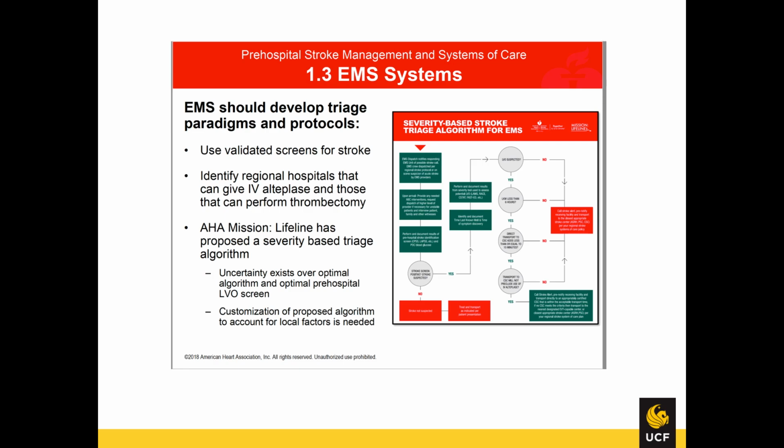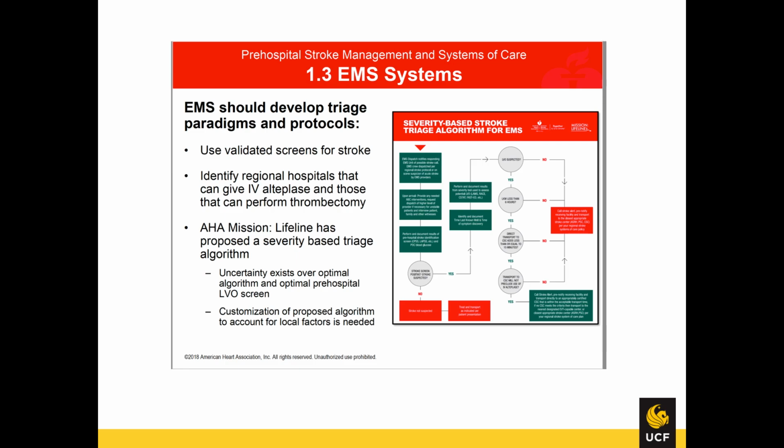The AHA Mission: Lifeline has proposed a severity-based triage algorithm. You can see it there on the right. I won't test you on it, but read it for your own knowledge. Uncertainty exists over the optimal algorithm for pre-hospital screening. Customization of the proposed algorithm to account for local factors is also needed.